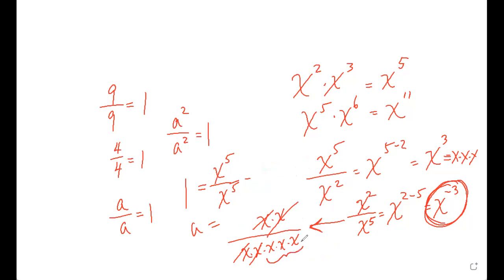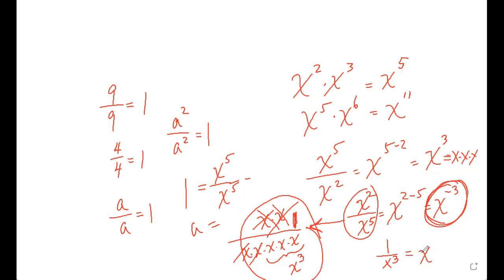And you have left over 3 x's, or you can write x to the third power. Now, when these 2 cancel, what's left behind is a 1 as a placeholder. All right, so 1 over x to the third power. Again, this is equal to this, which is equal to this. So therefore, this is equal to x to the minus third power.